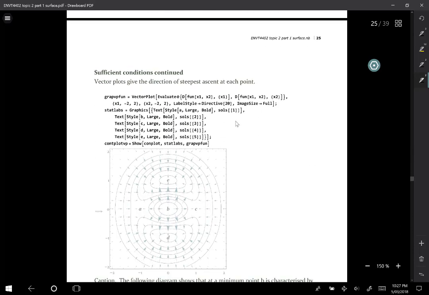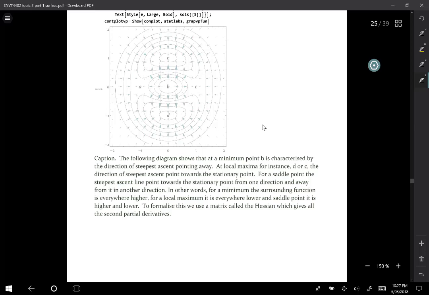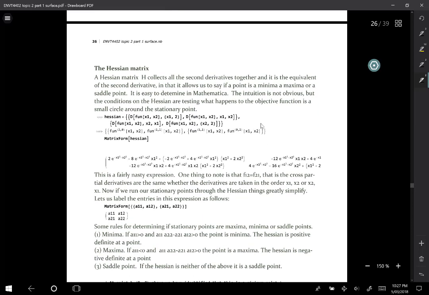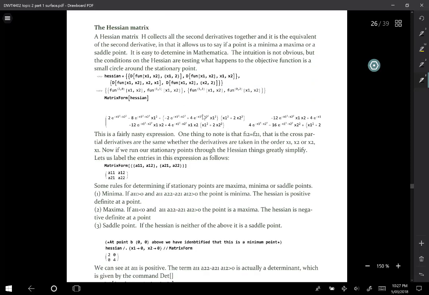What does it look like if we want to do this analytically? Well, things get worse, really. We define a thing called a Hessian, which we've sort of encountered before with the sufficiency conditions, but we're going to use it in more of a recipe book type way.